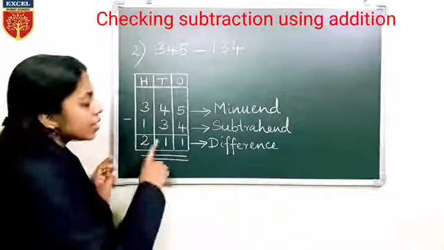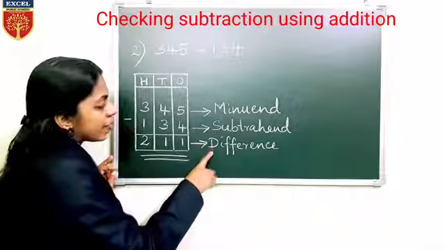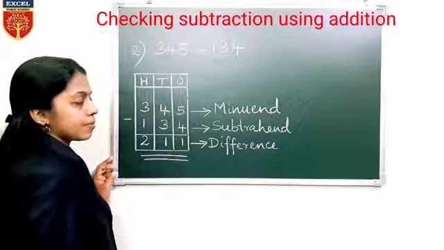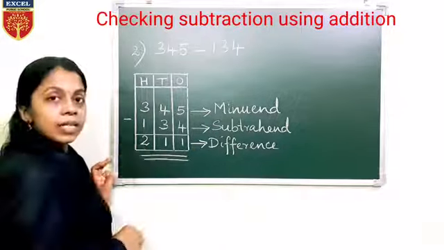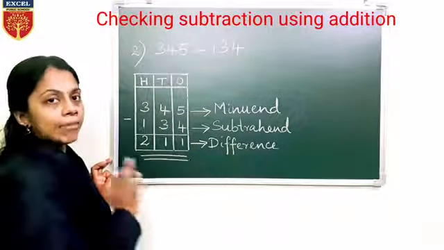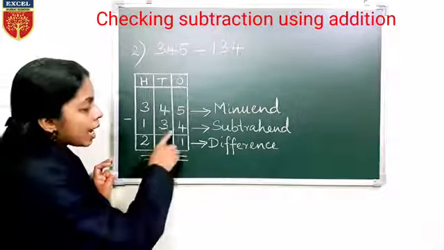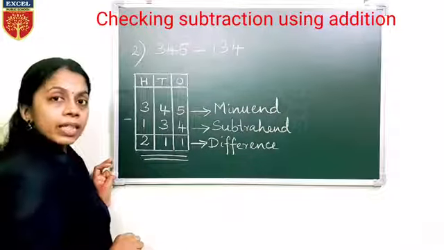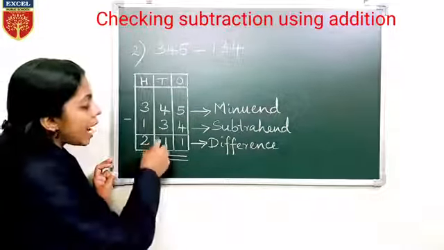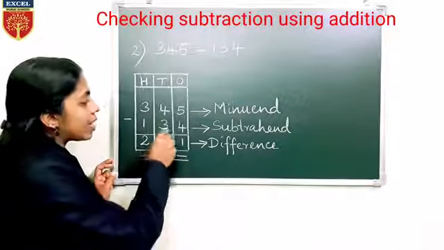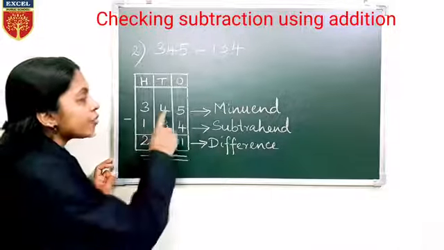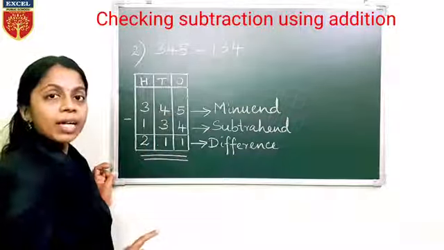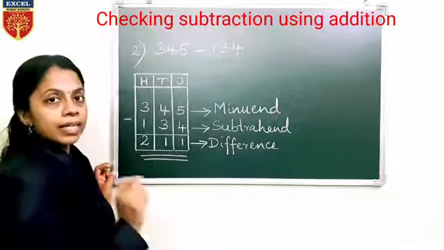Yes, we need to add the difference and subtrahend. Here the difference is 211 and the subtrahend is 134. When you add this 211 and 134, if you get 345, your answer is correct.